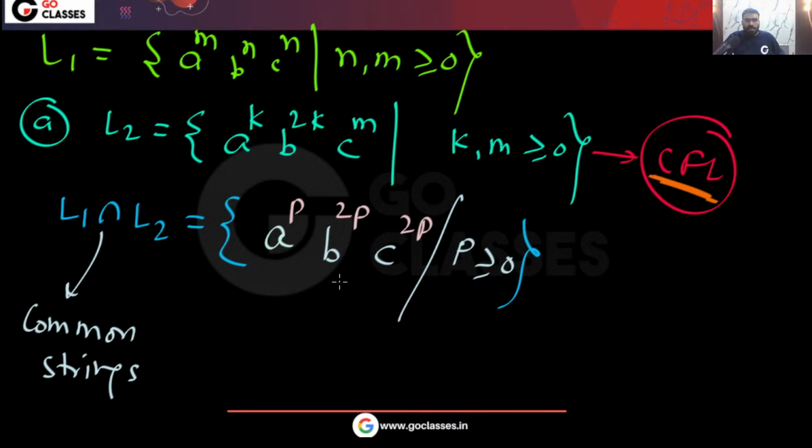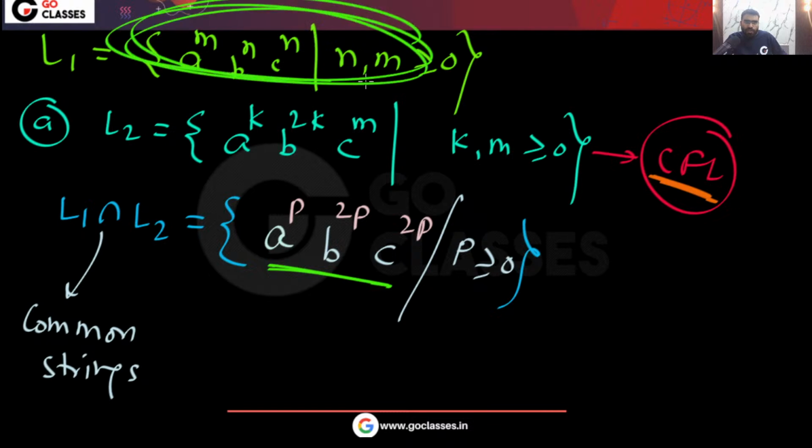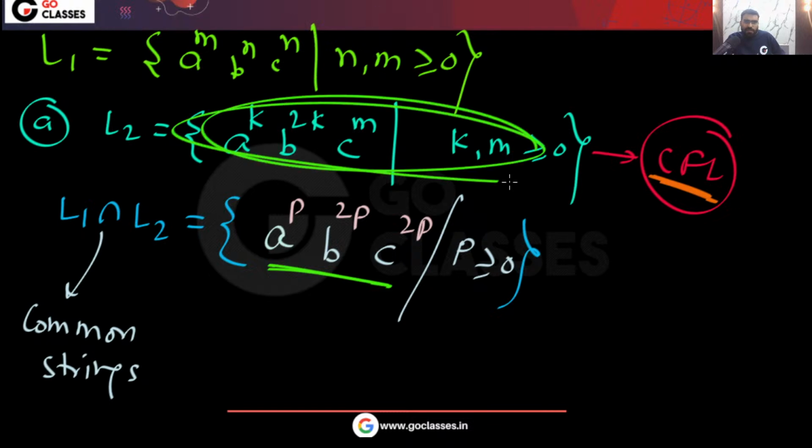Is this clear? So this will be your L1 intersection L2, because we are checking the common strings, those which satisfy this property and also this property.